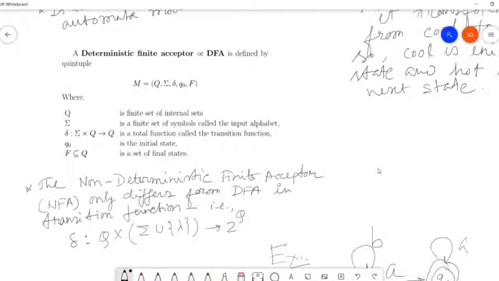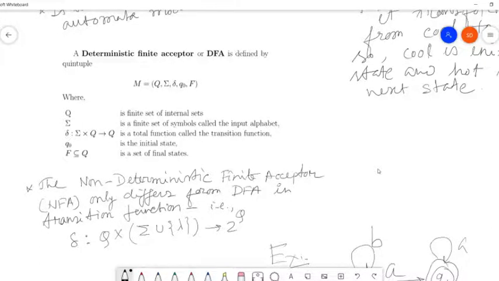Q naught represents the starting state from where the finite acceptor will begin its journey, and F represents the set of final states where the journey of the finite acceptor will end, and it will precisely say whether a provided string is accepted or rejected by the finite acceptor.